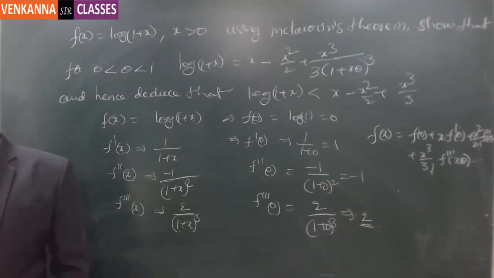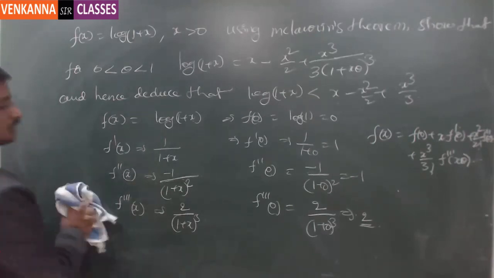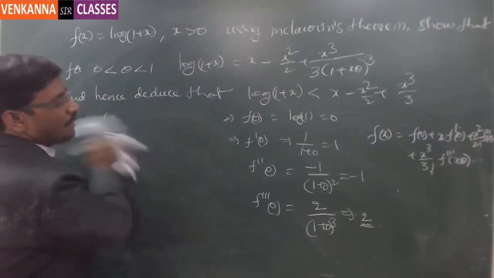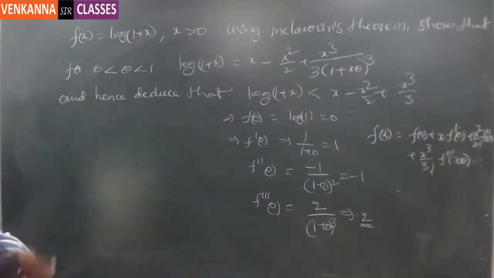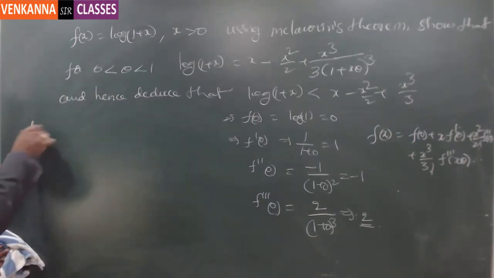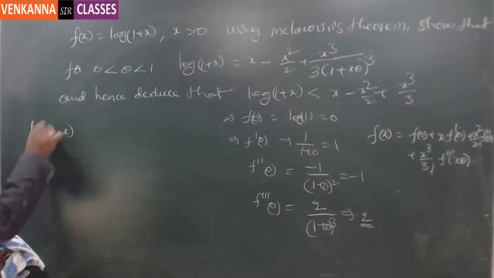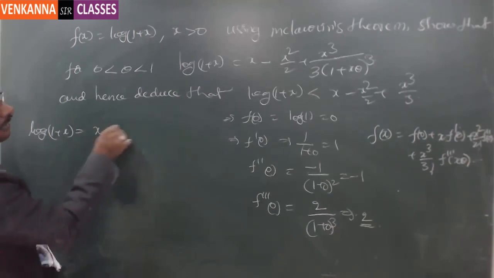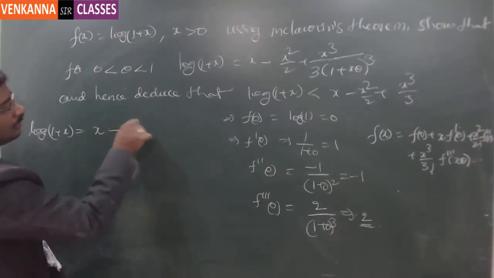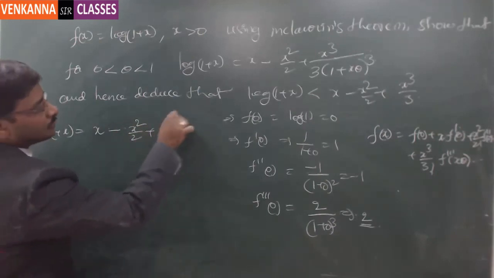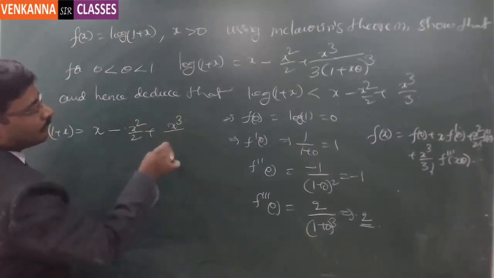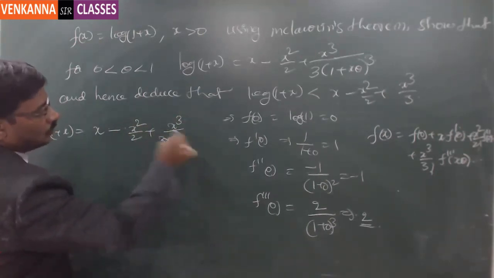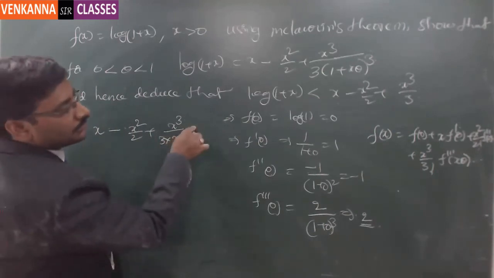So with these values, f of x, that is log 1 plus x, can be expanded as f of 0 is 0, and then x into f dash of 0 is 1, and then minus x square by 2 plus x cube by 3 factorial, that is 3 into 2, into f triple dash of 0.